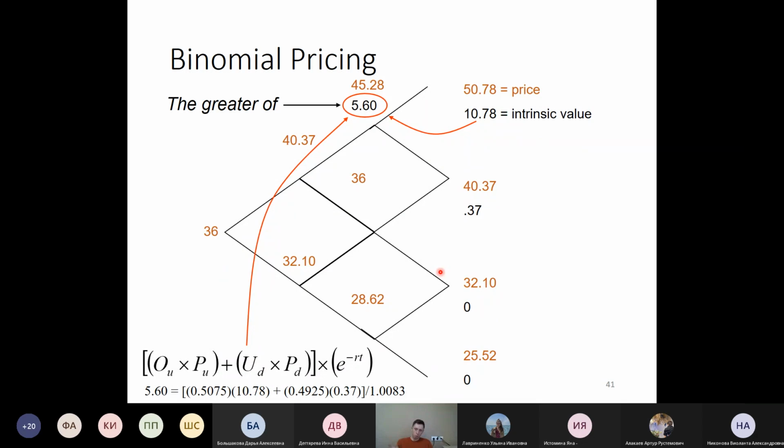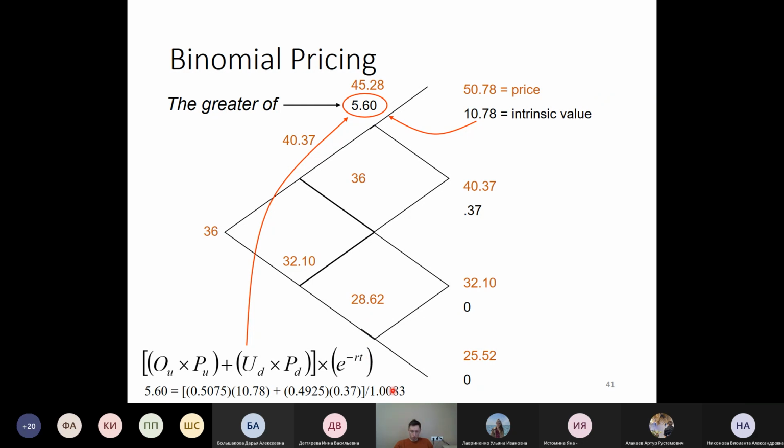Then we move to the left, re-estimating the price. We multiply the probability of the stock price going up by the probability of the stock price going down by the option price, the intrinsic value of it at each point, and we also apply the discounting here.